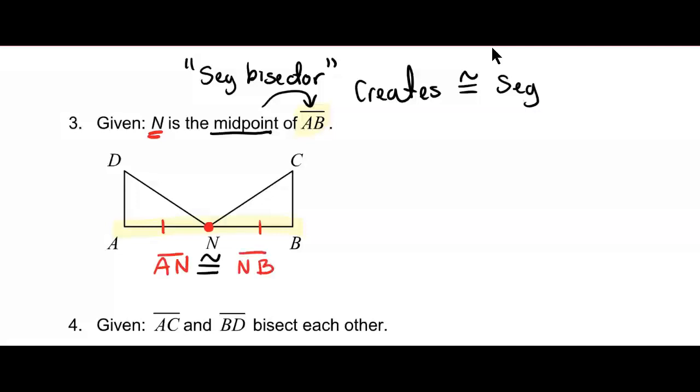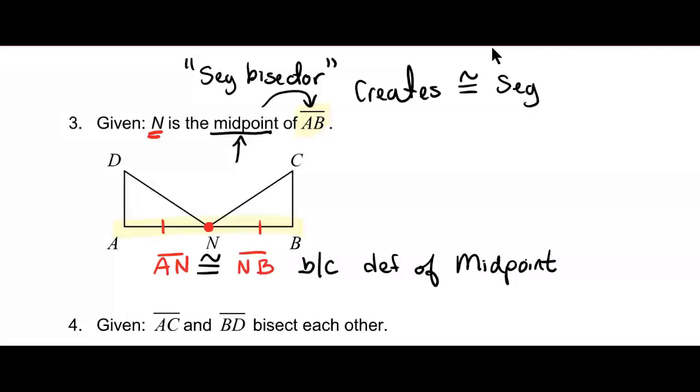I'll label my 2 segments that I marked congruent, state them as congruent, and then give my reason, because definition of, and when I'm looking for my definition of, the thing I was given was midpoint, so I'm going to go definition of midpoint.